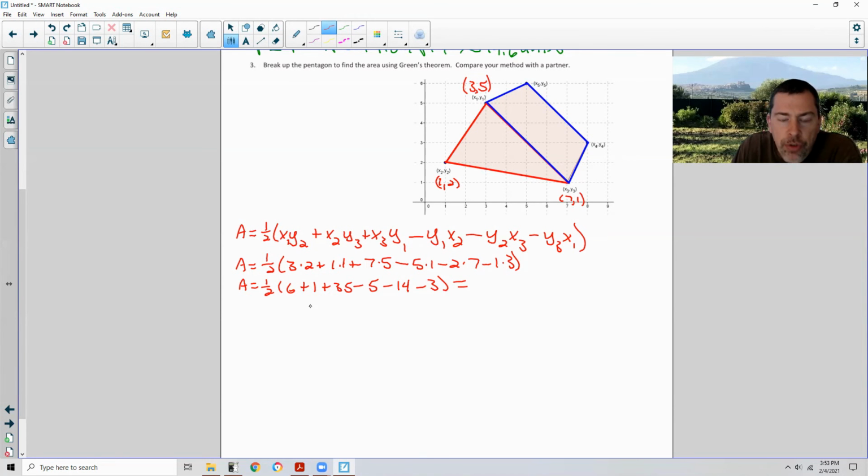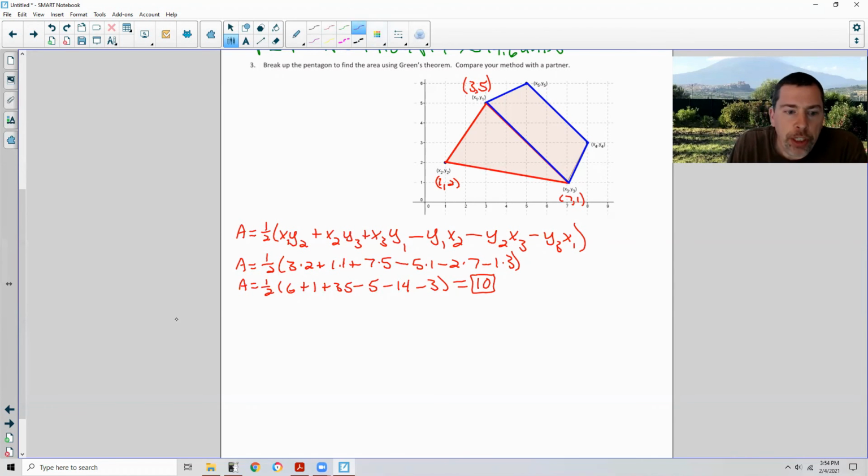I'm sorry, I'm adding. Try again. 6 plus 1 is 7. Plus 35 is 42. Minus 5 is 37. Minus 10 is 27. Minus 4 more is 23. Minus 3 is 20. Half of 20 is 10. So there is the area of the red triangle.